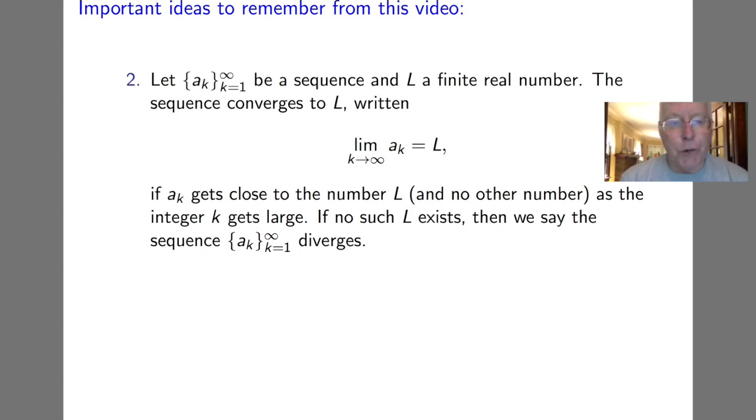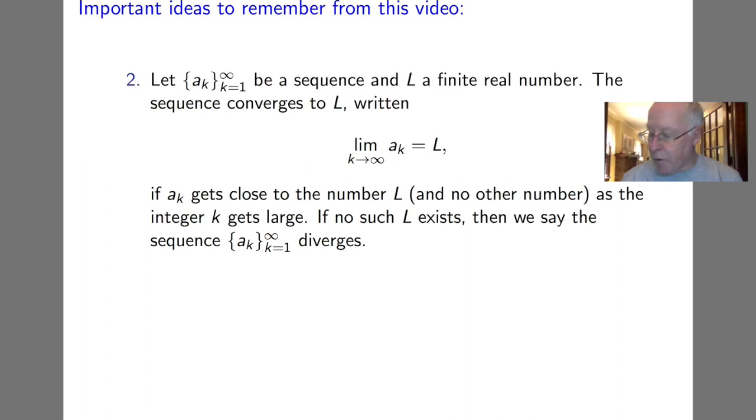We're going to be most concerned with limits of a sequence. And what we mean by this is an informal definition, but we say that a sequence converges to a real number L, written limit as k goes to infinity of a sub k equals L, if a sub k gets close to the number L and no other number as the integer k gets large.